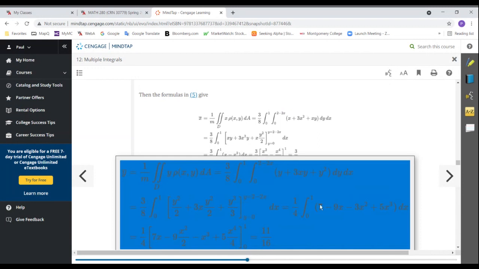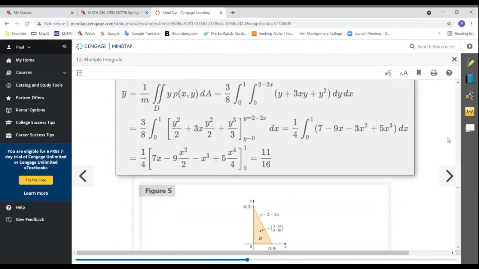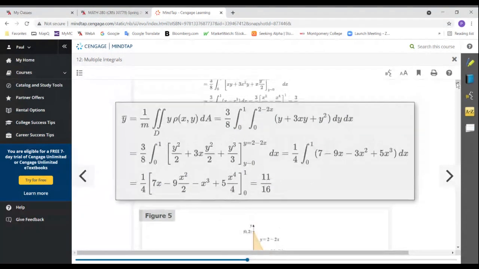And then for y bar, they go ahead and compute the y bar coordinate for the center of mass. Again, it's just really applying the formula. Let me just see here one moment.